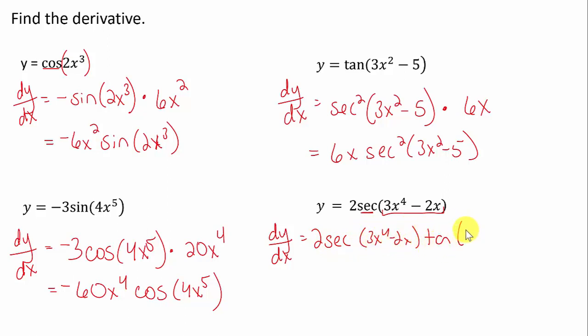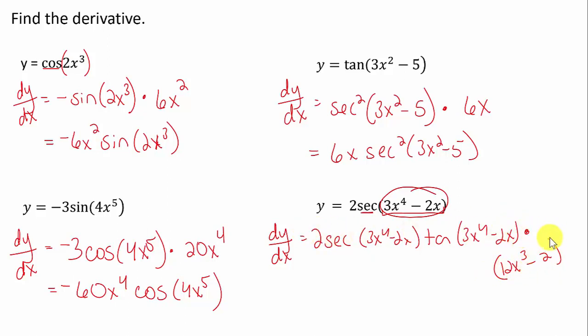This is just the derivative of secant, secant tangent, and then times the derivative of the inside. And since there's two terms there and it's going to come out to a derivative of two terms, I do need to put it in parentheses. Times the derivative of 3x to the fourth, which is going to be 12x cubed. And the derivative of negative 2x is going to be negative 2. So this has to be multiplied by all of this.